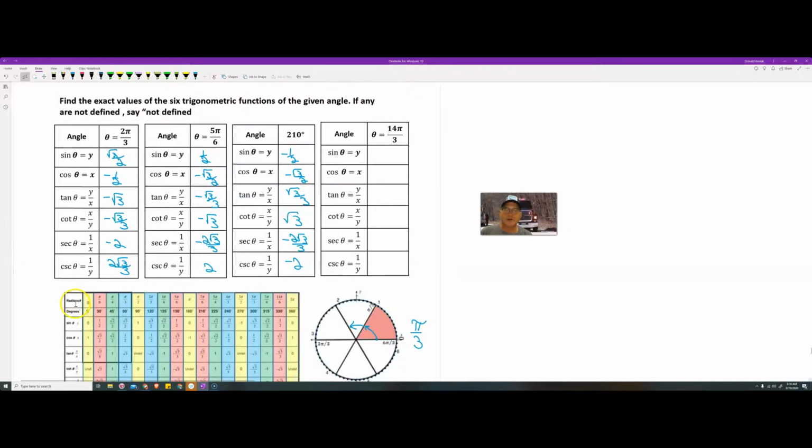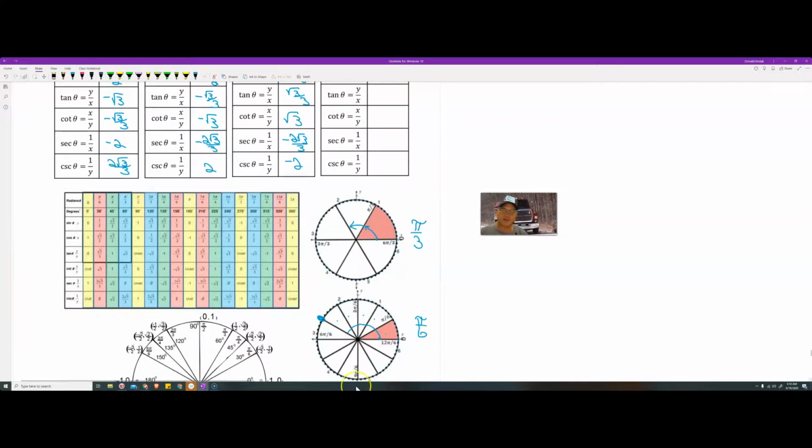All right, 14 pi over 3. So I'm going to count 14 of these slices and see where I end up. So this is 1, 2, 3, 4, 5, 6. If I go around again, that's 6 more, so that's 12, 13, 14.